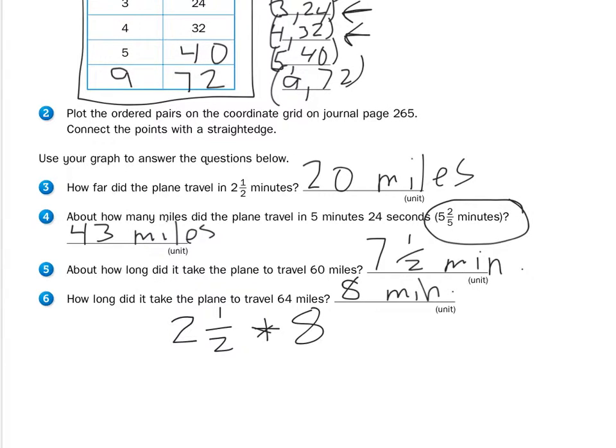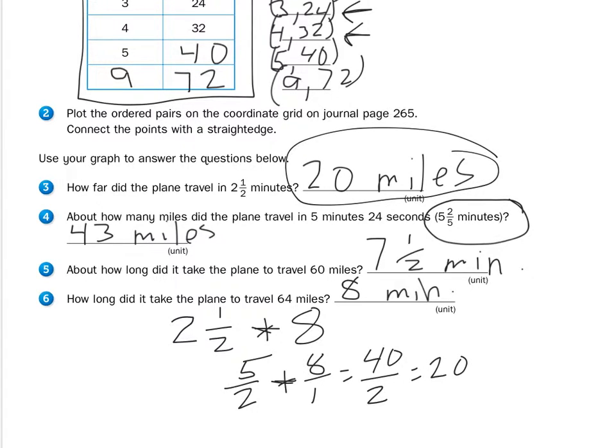So 2 times 2 is 4, plus 1 more is 5. So now I have 5 halves times 8 over 1. 5 times 8 equals 40. 2 times 1 equals 2. I know that 2 goes into 40 20 times, and that does indeed match this one here.